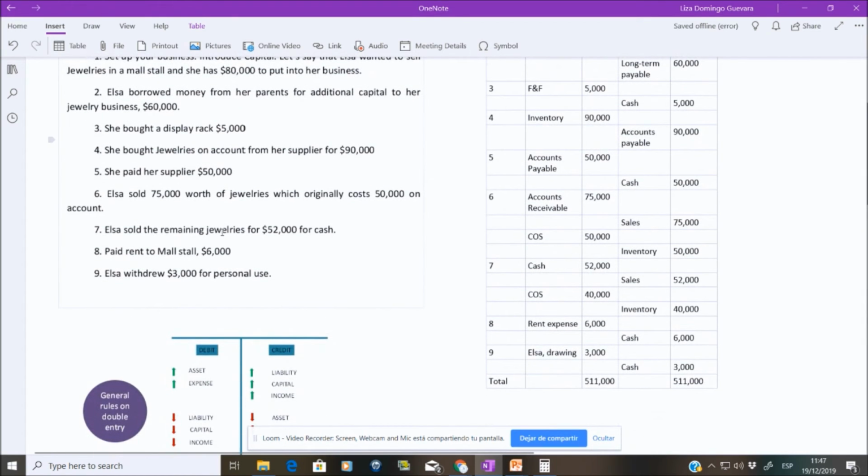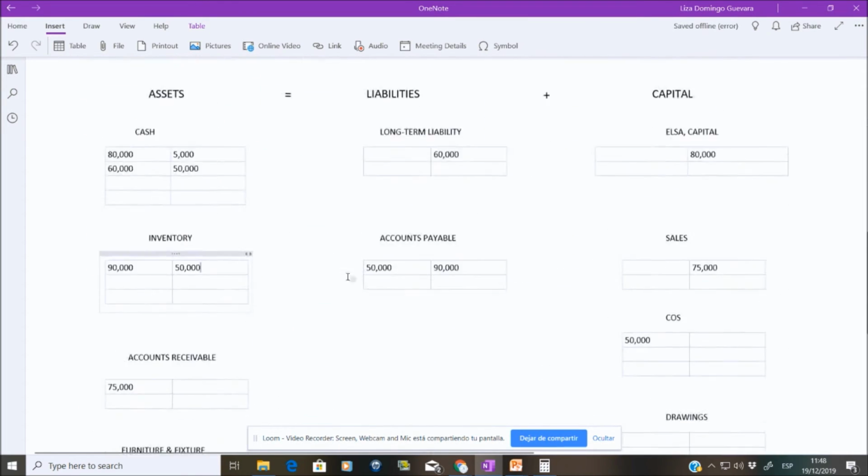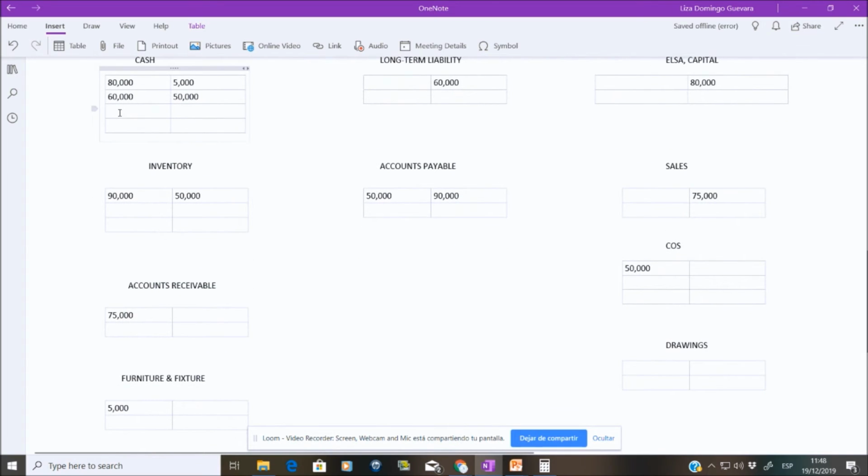Next, we sold 52,000 for cash worth of inventory. So we'll debit cash 52,000 and credit sales of 52,000. And we will debit 40,000 cost of sales and credit inventory of 40,000.